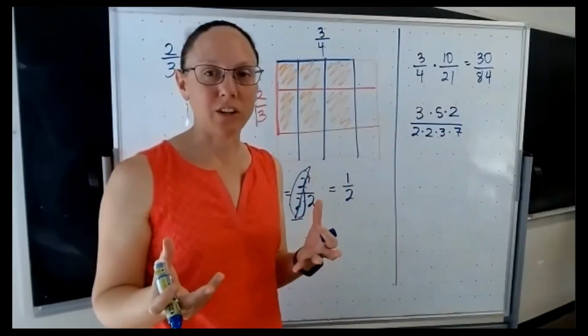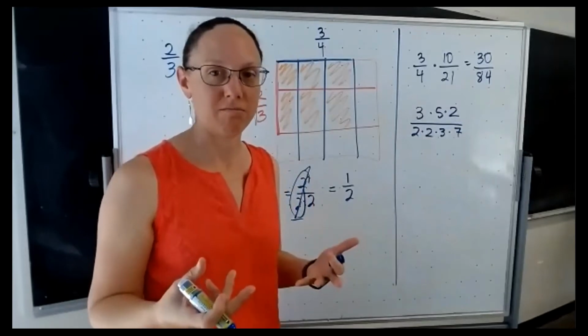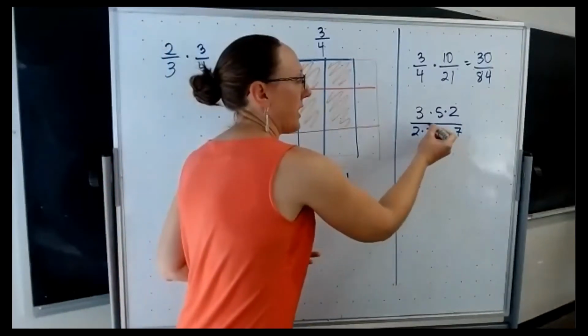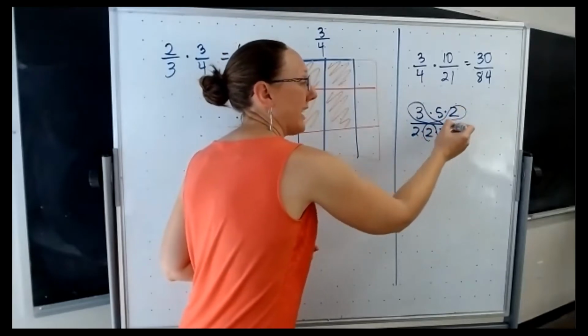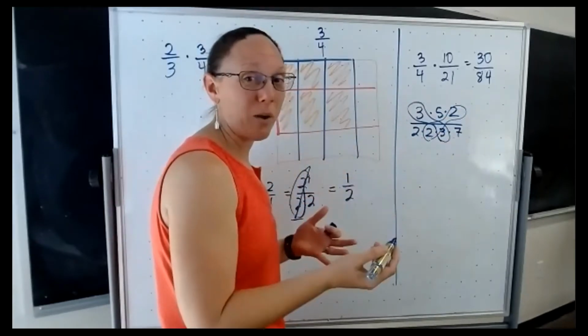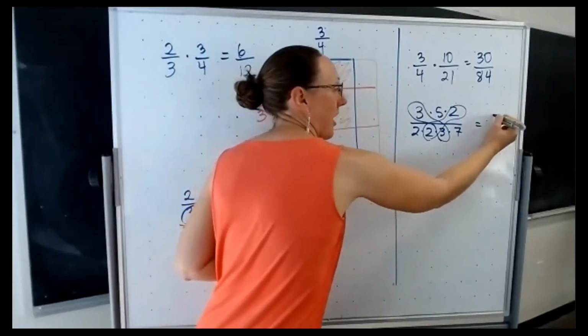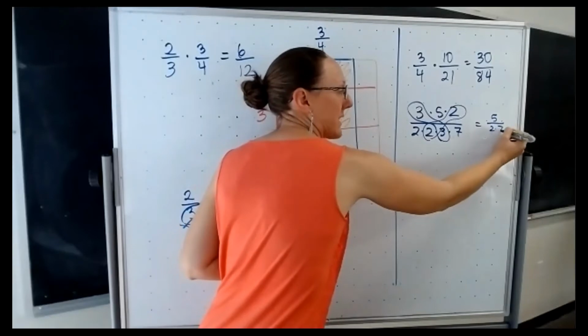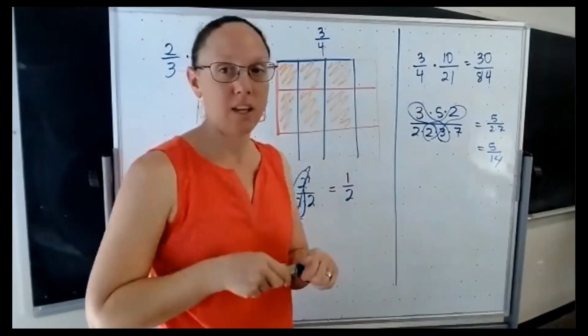Because it's all multiplication, now I can group the things to find my invisible ones. 3 over 3, that's a 1. And 2 over 2 is also a 1. And I know I made this really messy now, but I'm down to a 5 on the top and a 2 times 7 on the bottom, or 5/14.